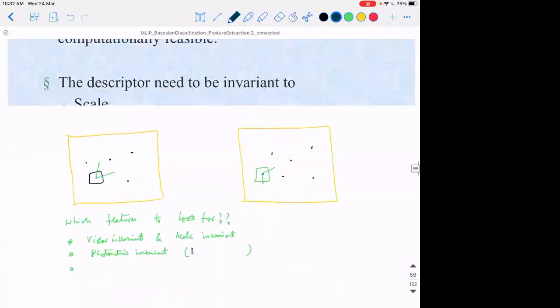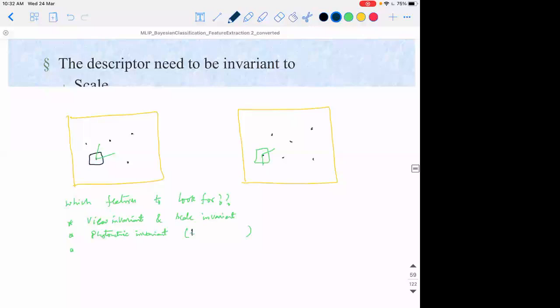Where should I start? Edges. Yes, edges I have to find. So in some sense, shape information has to be there. We need to look for features depicting the shape.